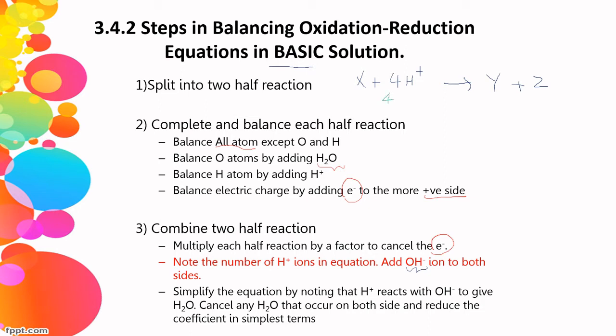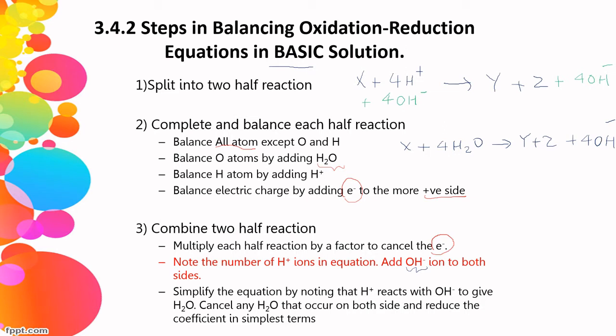So we add 4 OH minus here, and also 4 OH minus at this side. So this reaction will become X plus 4 H2O becomes Y plus Z plus 4 OH minus.